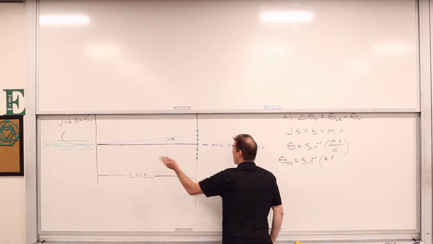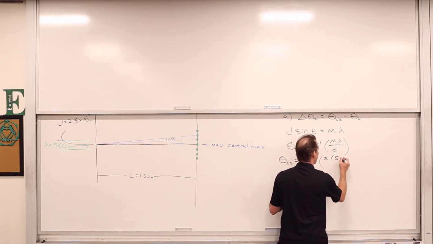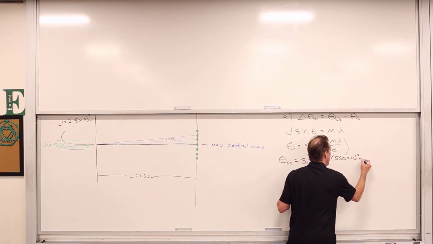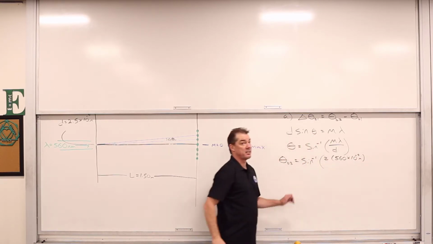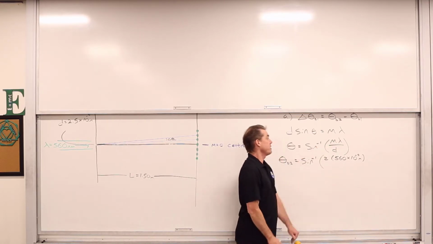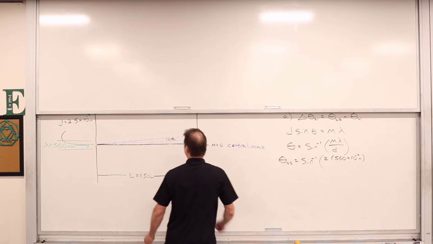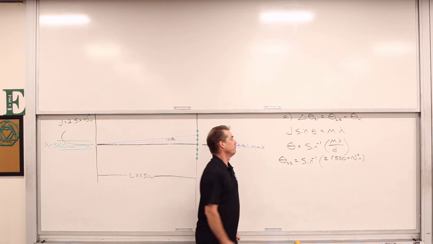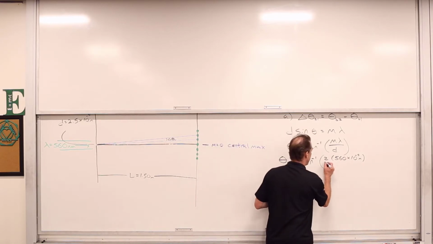Lambda is 560 nanometers. So we got 560 times 10 to the negative 9 meters. Want to be consistent with units here. We've got lambda generally given in nanometers. The slit separation is generally given in millimeters or meters. Have to make sure we're utilizing the same units. So I just stick everything in meters in this case.